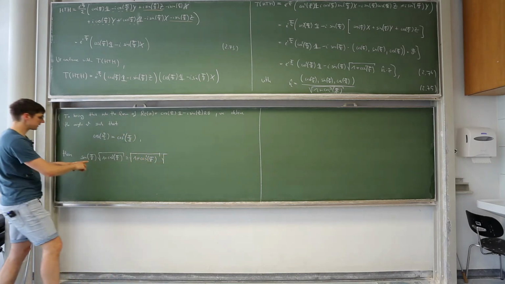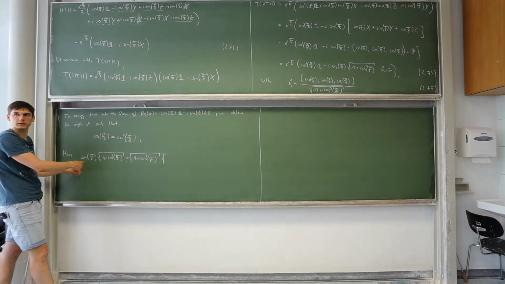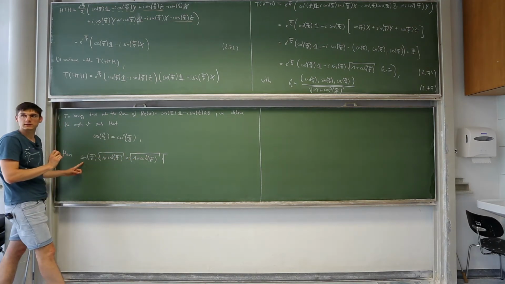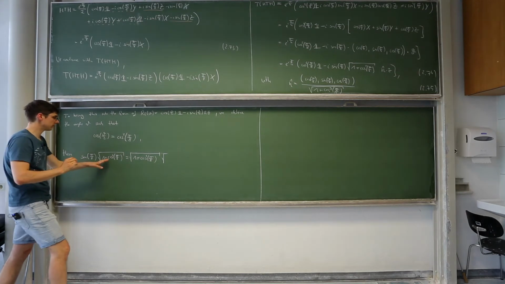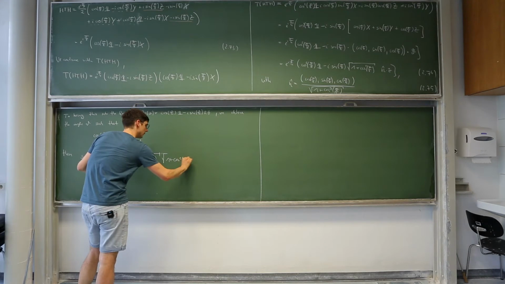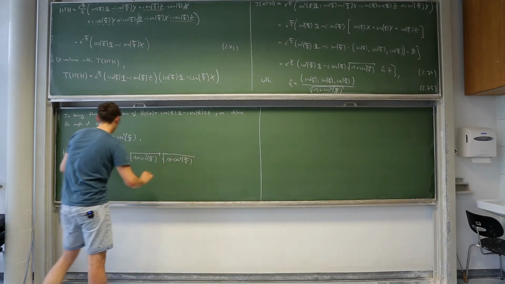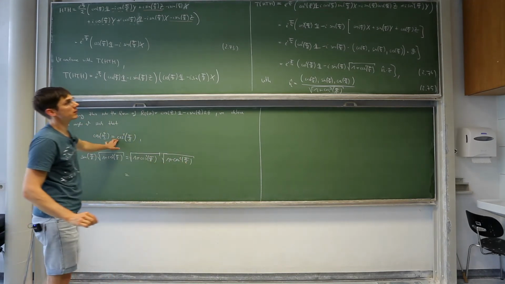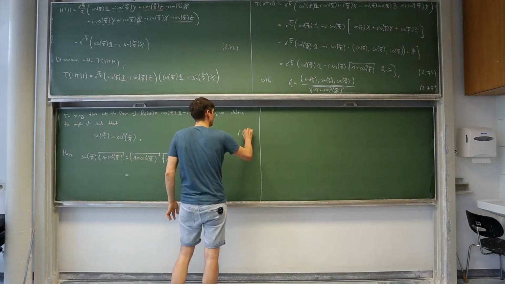So instead of sinus, we write now the square root of 1 minus cosinus squared. Okay, this is simply an identity that we know, and then this stays the same. 1 plus cosinus squared pi over 8. Now we use this equation 2.76.